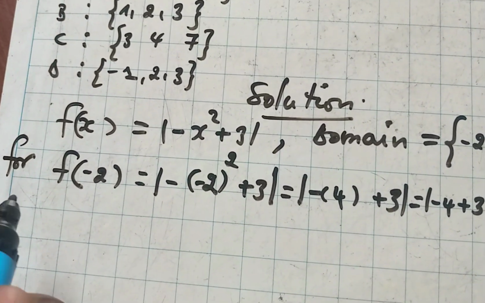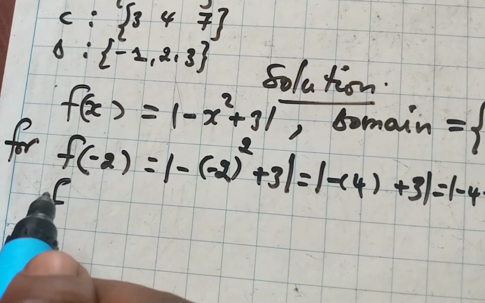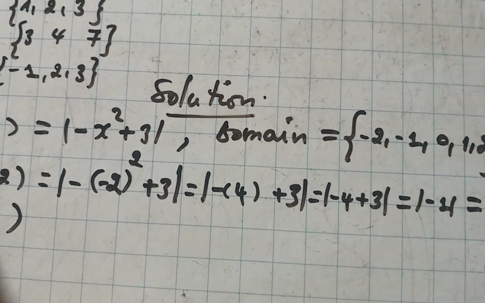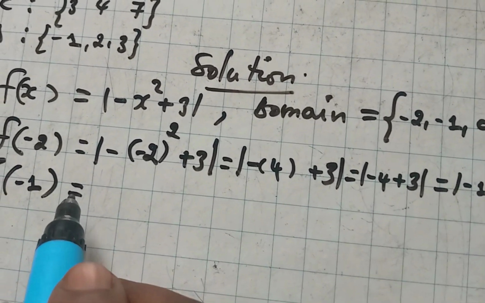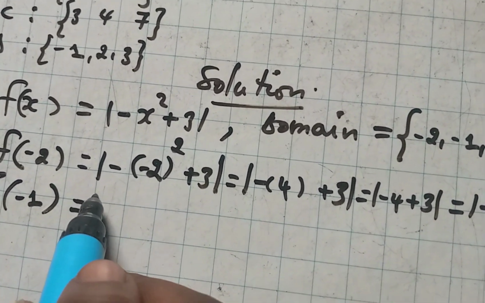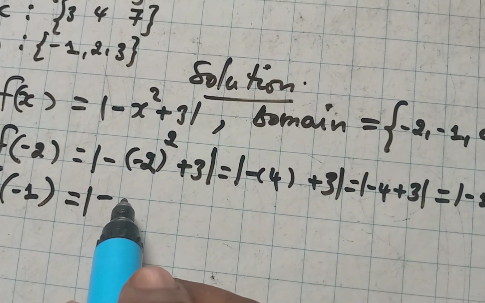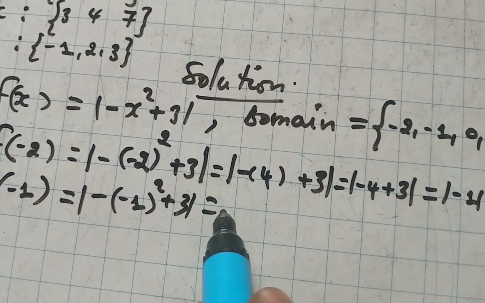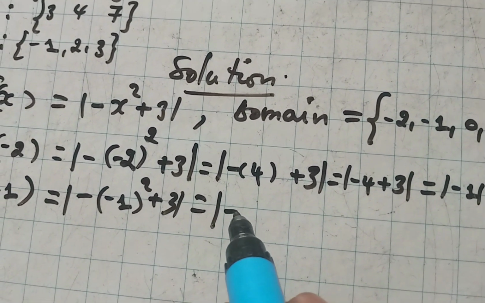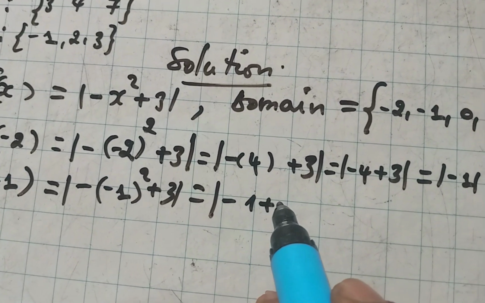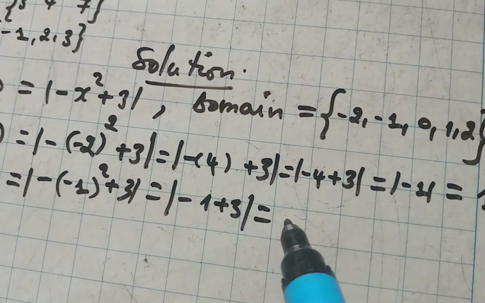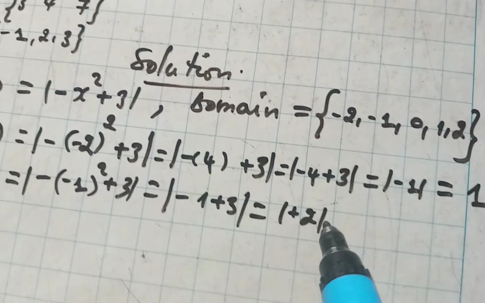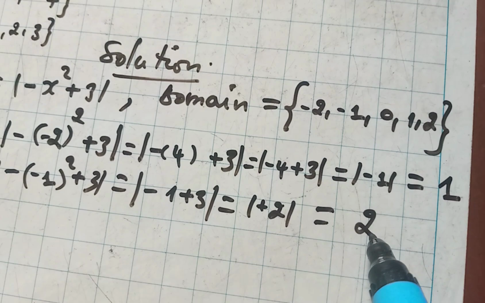Right? We have also function f of x, where x of the function is equal to negative 1. Now this negative 1 is going to replace also x to have the absolute value of negative 1 squared plus 3, which is equal to the absolute value of negative 1 plus 3, which is equal to the absolute value of plus 2, which is equal to 2.